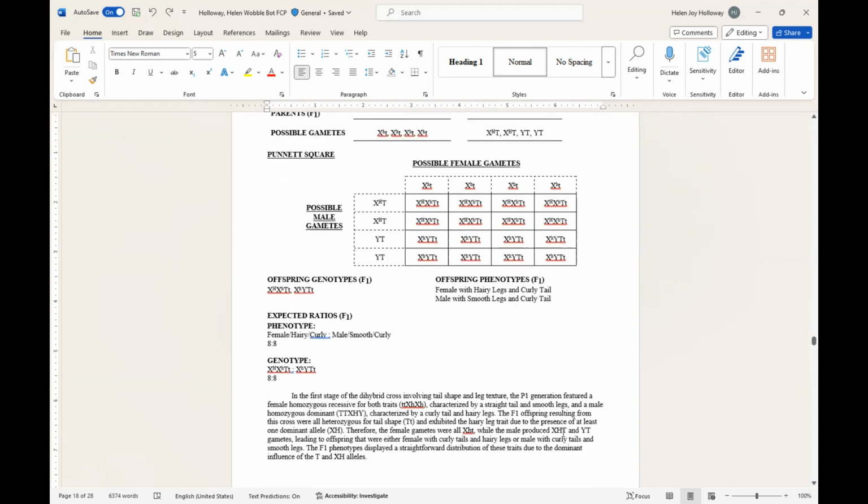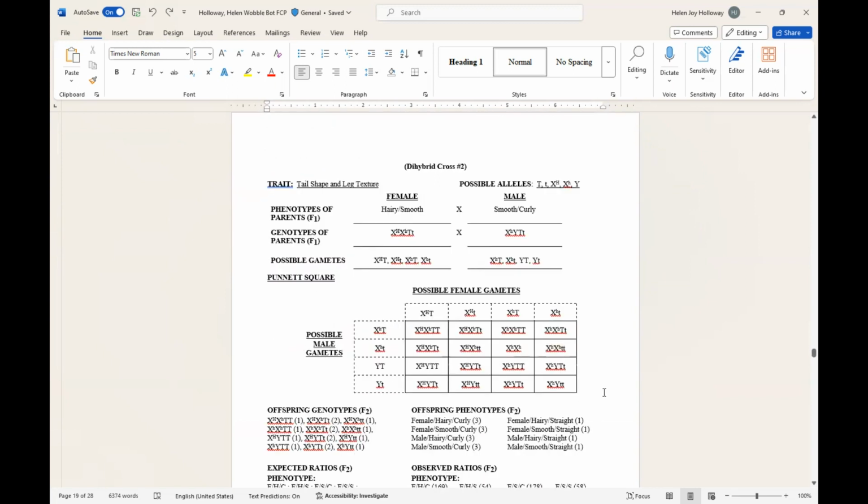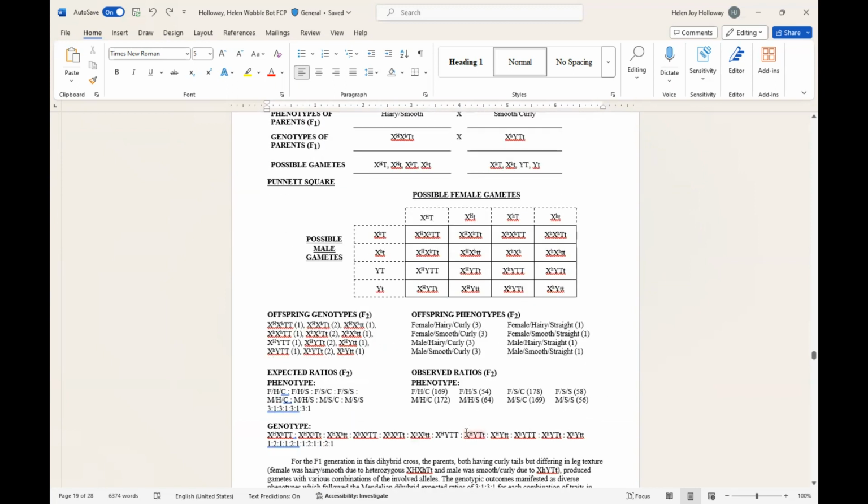Hang on, let me think of words. The rationale you would use to guess which of these traits is sex linked is you would say, okay, the females, basically people with hairy legs. See this H in the middle means hairy legs.